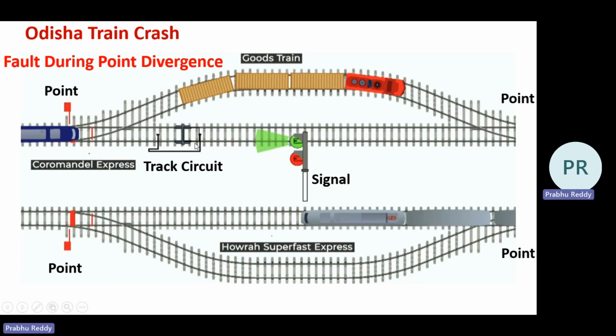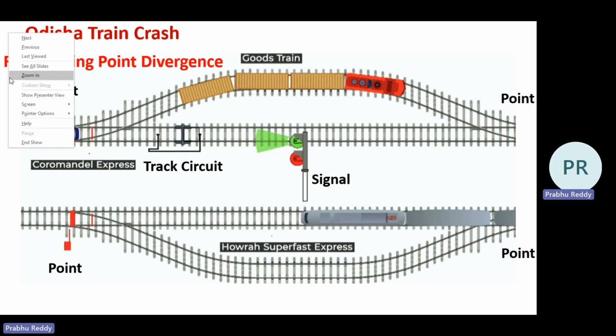after the green signal we check for the occupancy of this main line. It was found that the main line was clear, but there was a problem with this point section. What exactly is the point section doing? It is meant for diverging the wheels towards the main line or towards a divergent line.